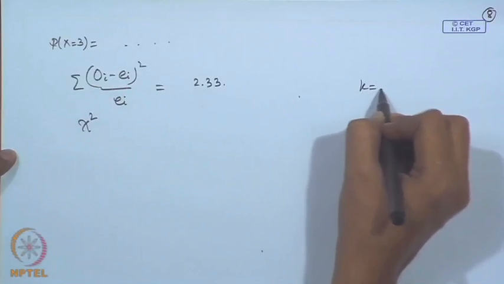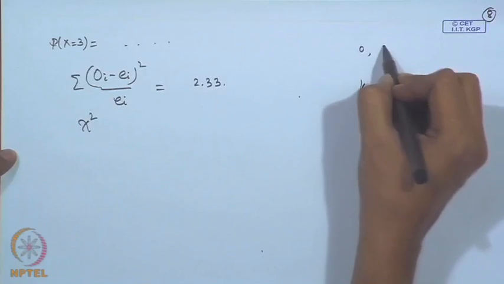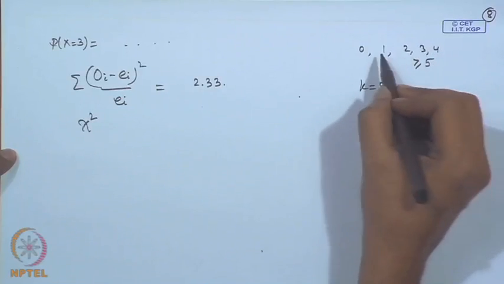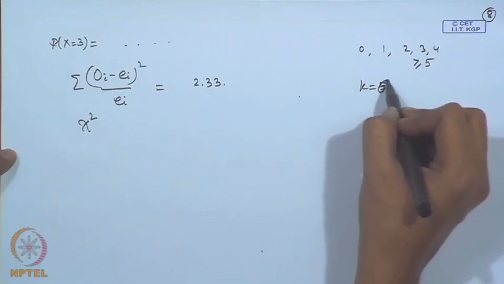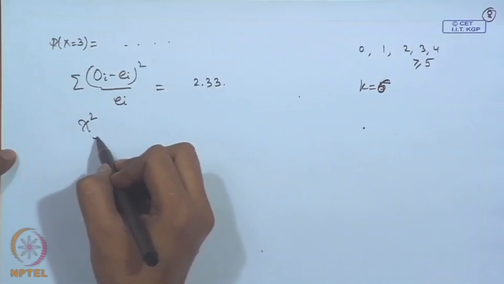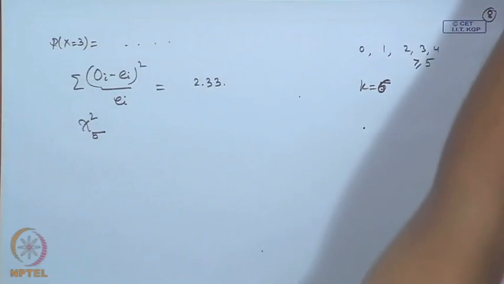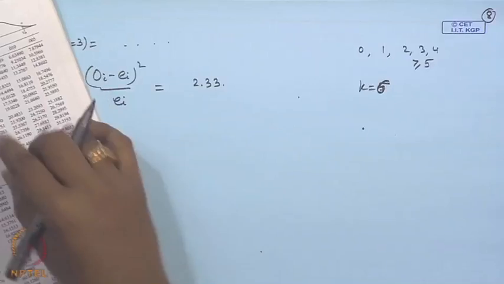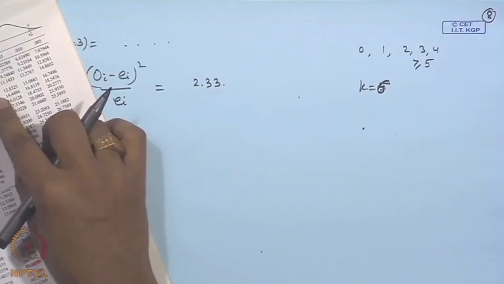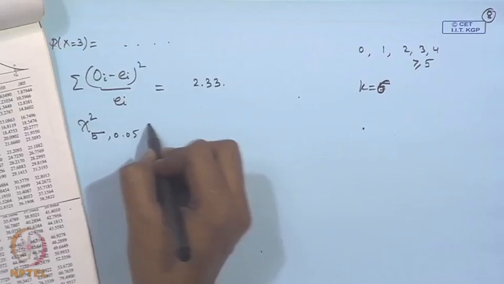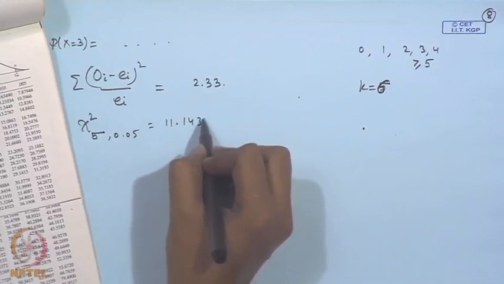We have made groups 0, 1, 2, 3, 4 and greater than or equal to 5. So, there are 6 groups here. So, we look at the chi-square value on 5 degrees of freedom, at 0.05 it is 11.1433.